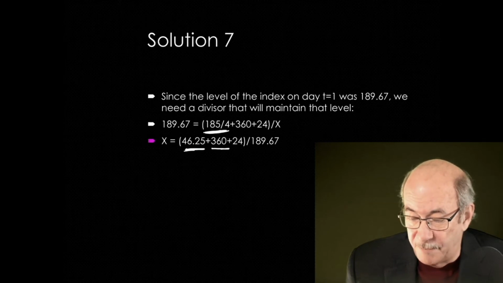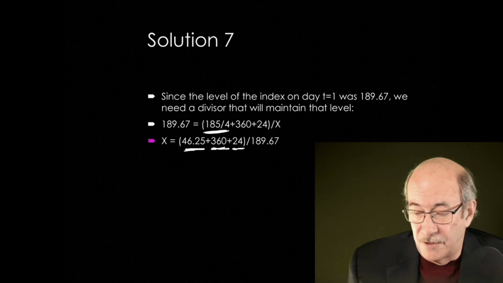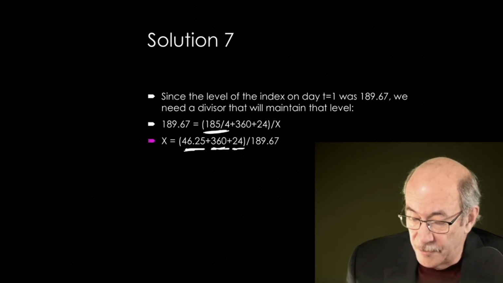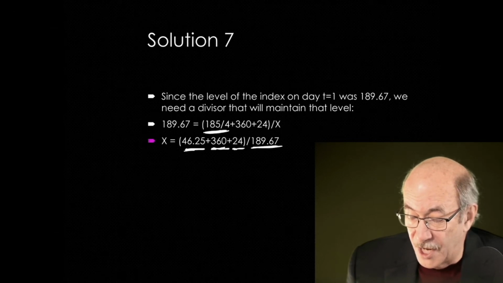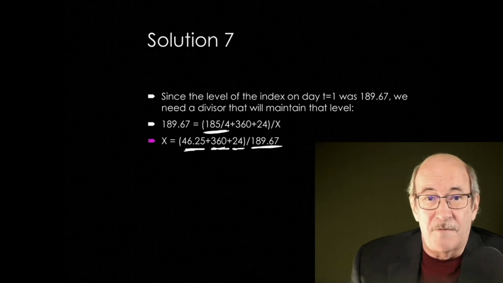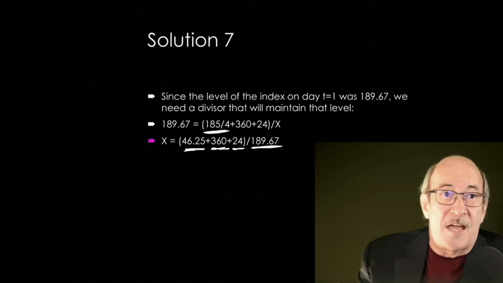And then we add back in the Apple and the Microsoft values because those were always in there and those won't change. And then we know that ultimately the value of the index before the split was 189.67, and we want it to stay at that value.